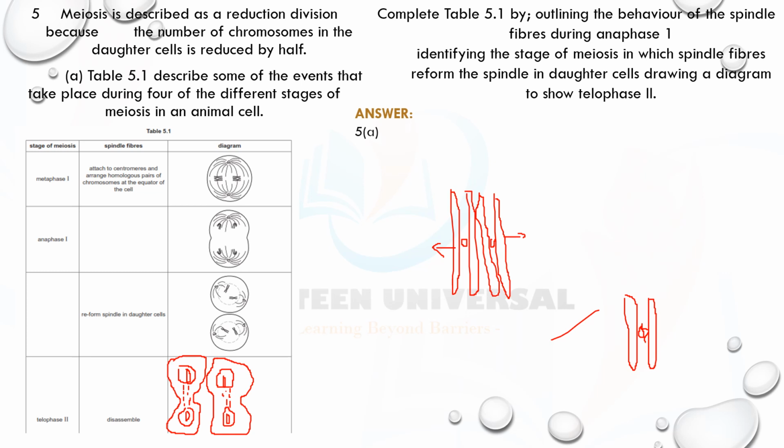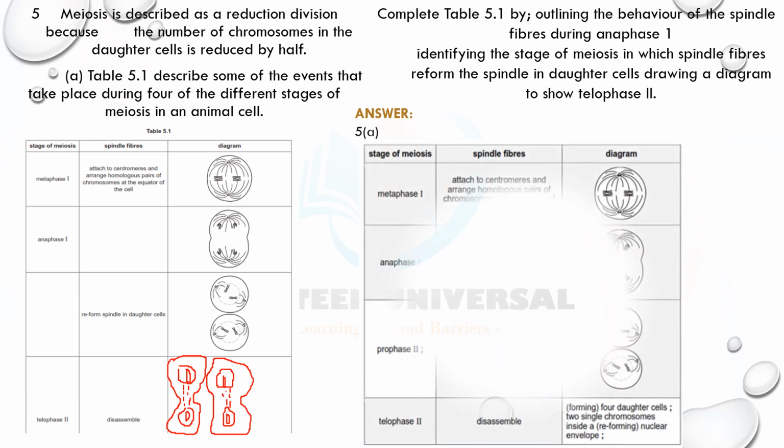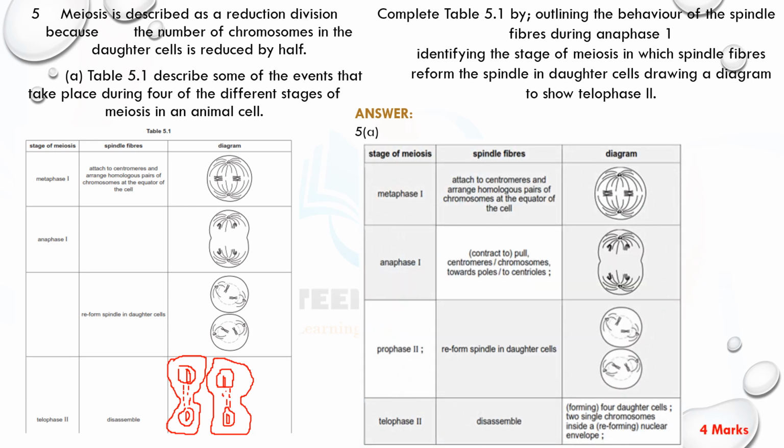Make sure you are solving these questions. That's what the mark scheme says. If you check here, you can see contract, pull centromeres or chromosomes towards the poles.